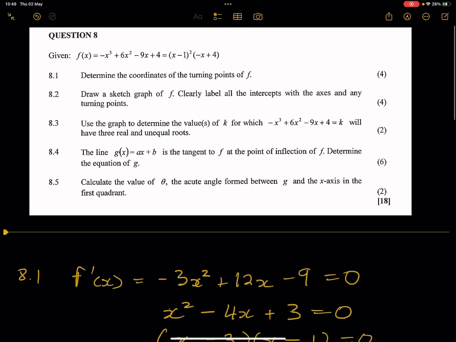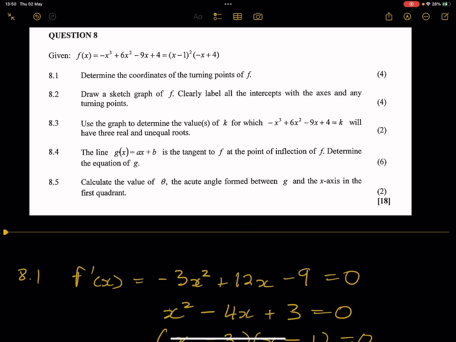Moving to the next question. They say to us, use the graph to determine the values of k for which minus x squared plus 6x squared plus 9x plus x equal to k will have 3 real and unequal roots.